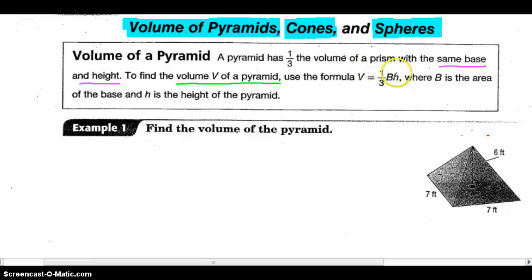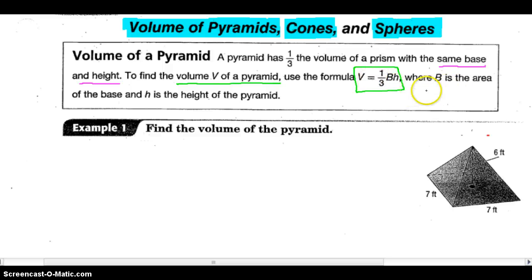It would be dividing by 3. So if you have the prism, to find the volume of the pyramid, you would need to undo adding the 3 times that she filled it up, and that would be the inverse operation, which would be division.